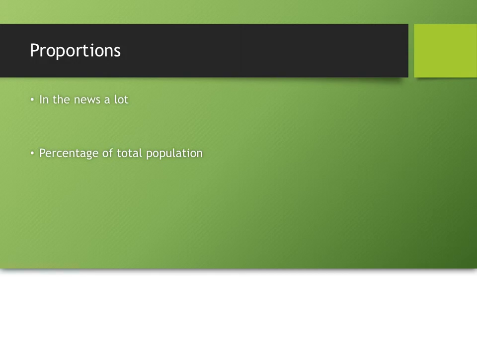A lot of the polling that's done will say 72% of Americans approve of policy X, whatever policy X is, and they're giving you a percentage of the total population. Because it's in the news a lot, it's kind of interesting to look at, although we're not going to deal with it too much in this class.